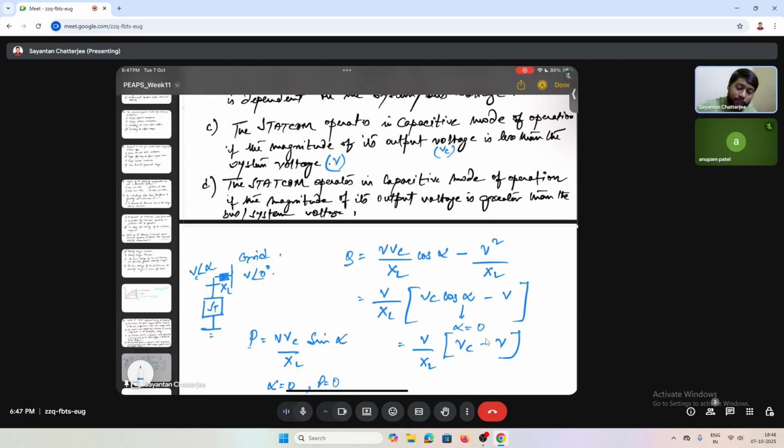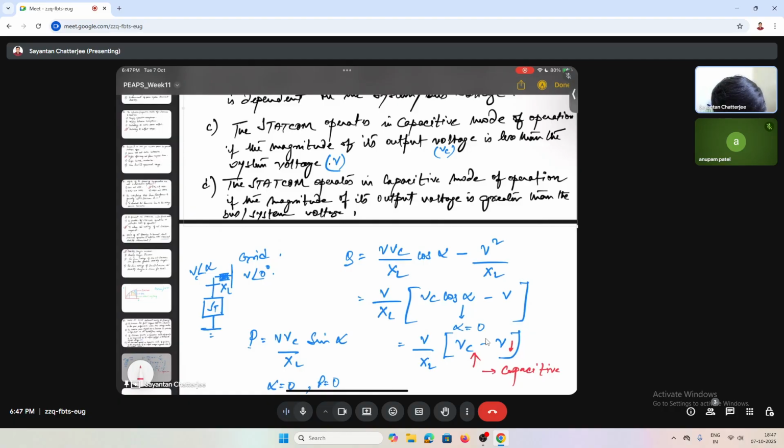In order to feed capacitive power to the grid, Vc should be more than V, then only reactive power will flow from the STATCOM to the grid. So capacitive power will be fed to the grid and the voltage profile will improve. Vc should be high and V should be less.